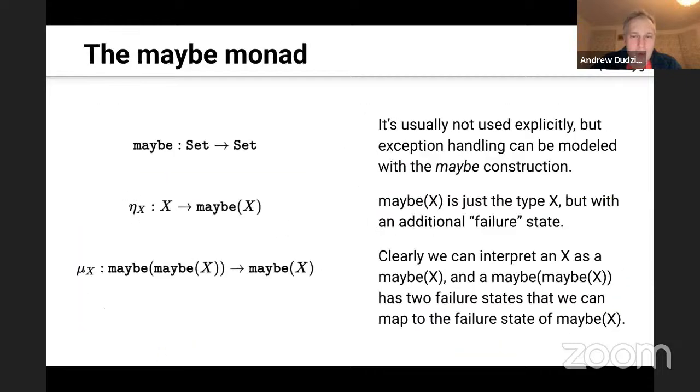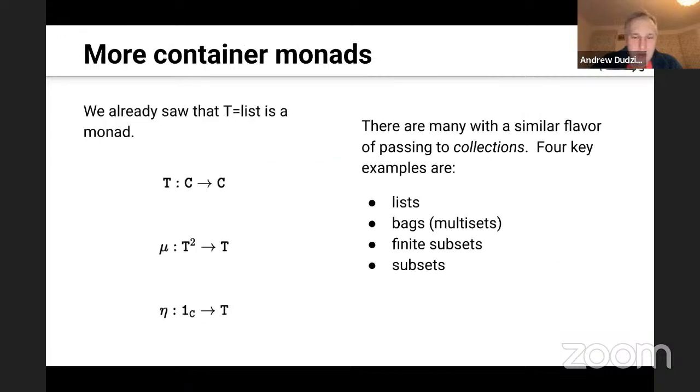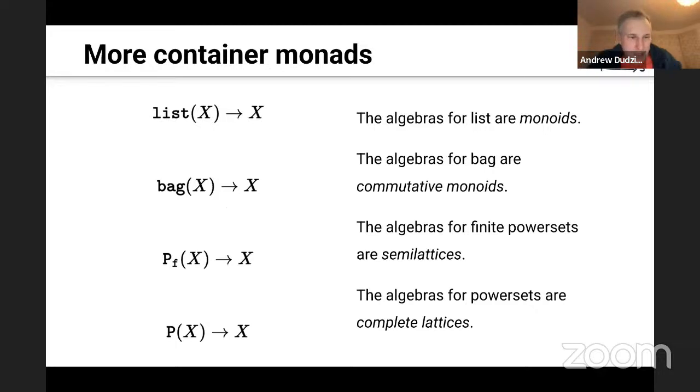Yeah. Well, so I guess all these things can be worked out from the definitions, but a rough way to say it is that the bag monad sort of is the list monad, but where you've identified lists if they're equal up to reordering.